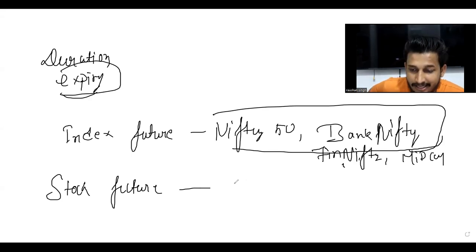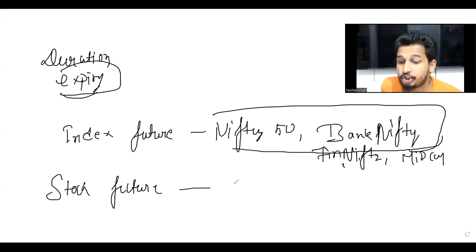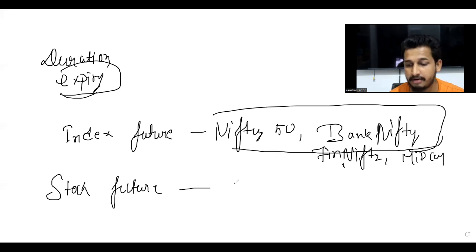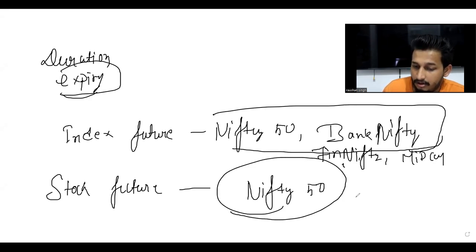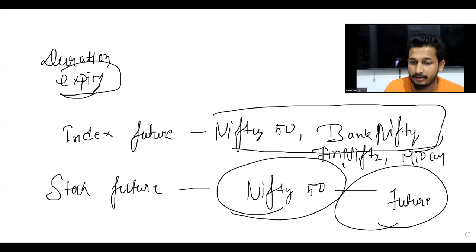The exchange, NSE and BSE, decides whether a stock should be traded in the future segment or not, based on some qualification set by the exchange. As of now, you can consider the Nifty 50 stocks. All of these stocks have future contracts to trade.